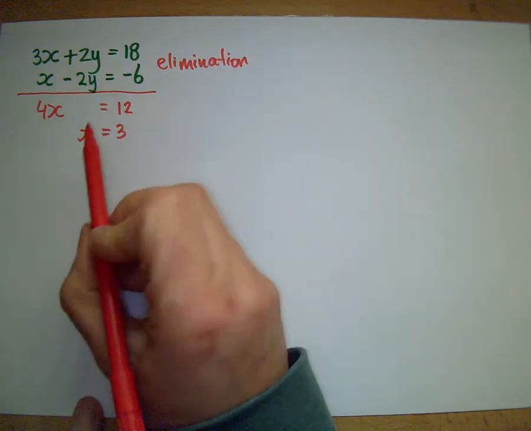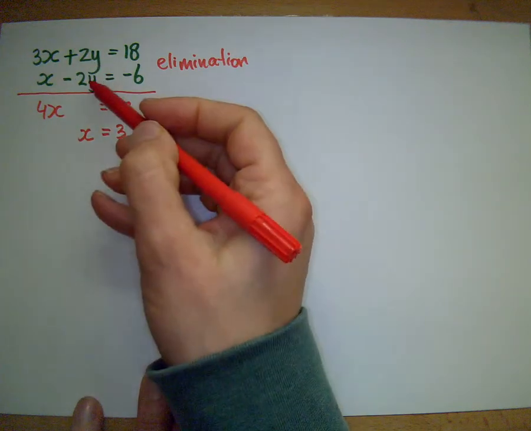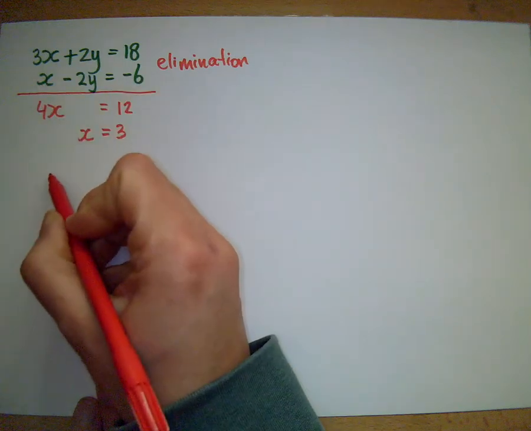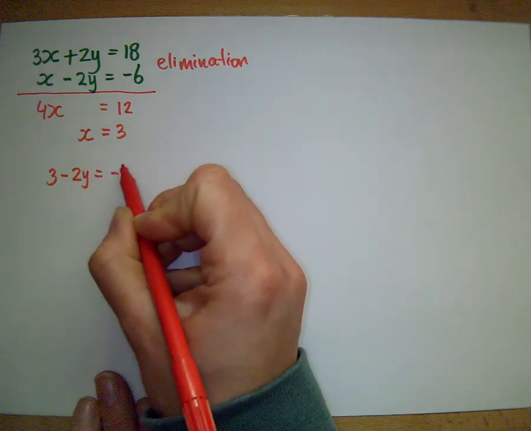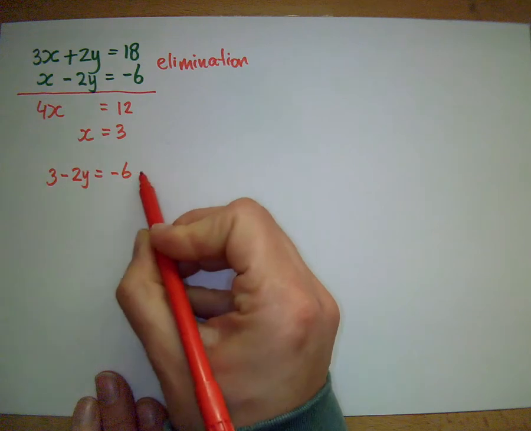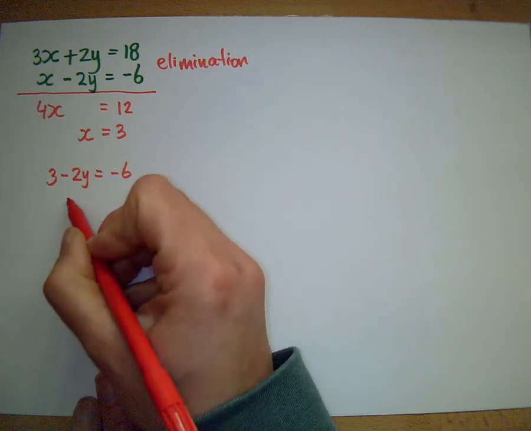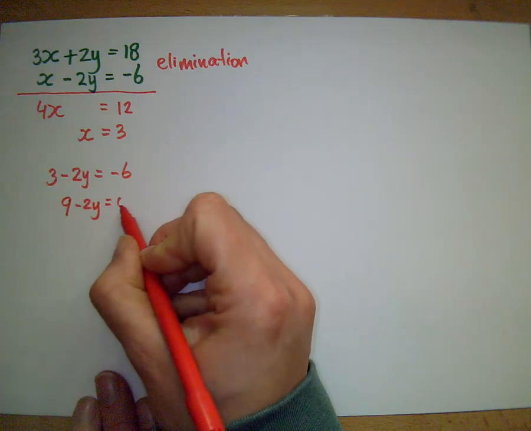And then we have to remind ourselves that we're not done because we need to find the value of y. So we plug x into either one of these equations. Let's do this one because it looks easy. So plug in 3 for x. 3 minus 2y equals negative 6. I want to get the y's over there and the 6 over there. I'm going to add 6 to both sides first. 9 minus 2y equals nothing.